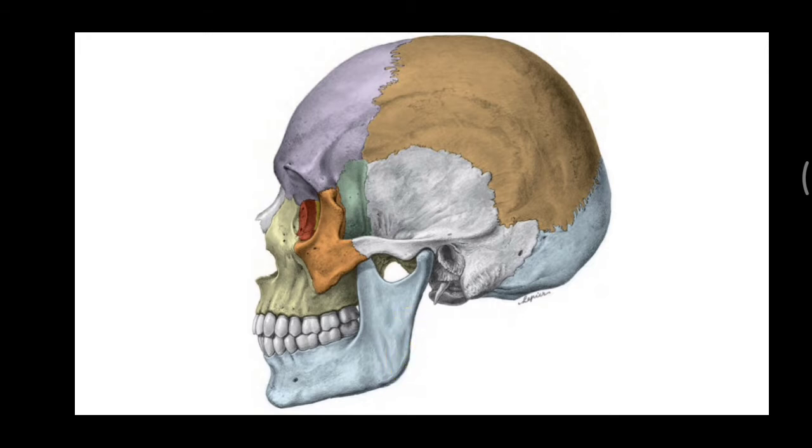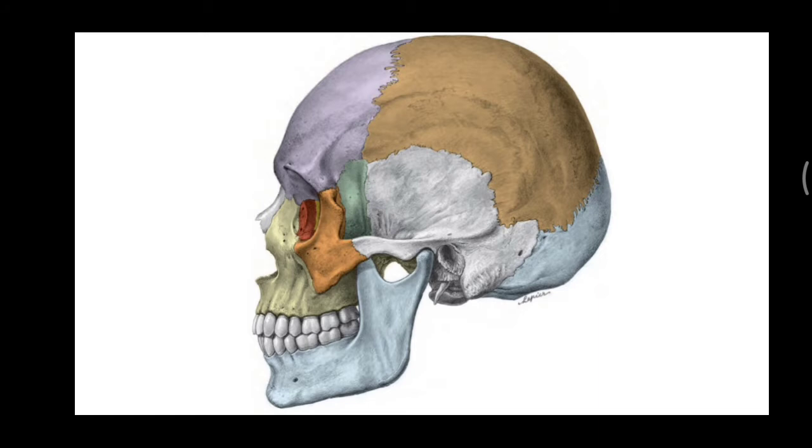The middle layer arises from the deep surface of the anterior 2/3 and lower border of the posterior 1/3 of the zygomatic arch. The fibers pass vertically downwards and are inserted into the middle of the mandibular ramus.